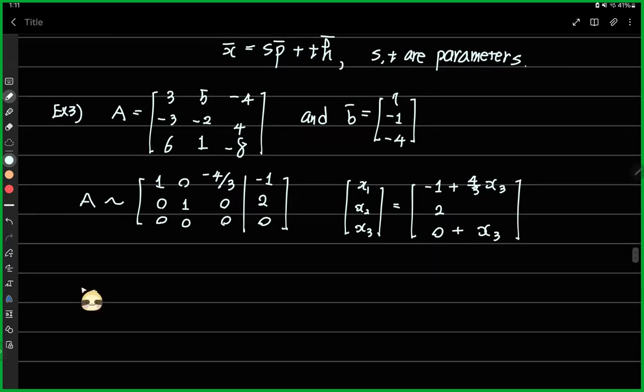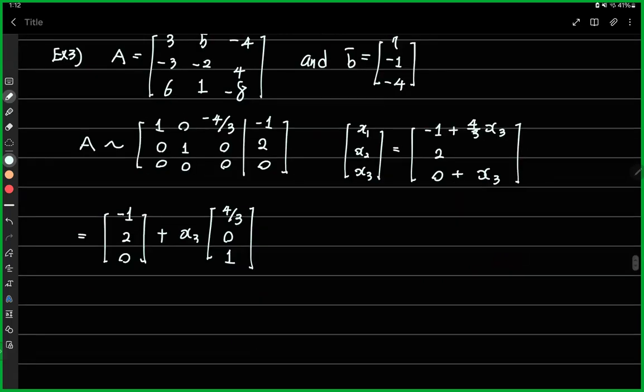So now we can separate this into a constant vector plus a vector times x3, right? So negative 1, 2, 0, plus x3 times 4/3, 0, 1. You can see that we got two vectors. The first one is the solution when x3 equals 0.